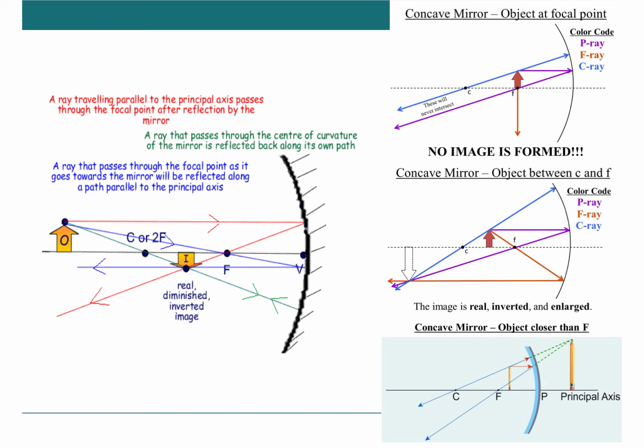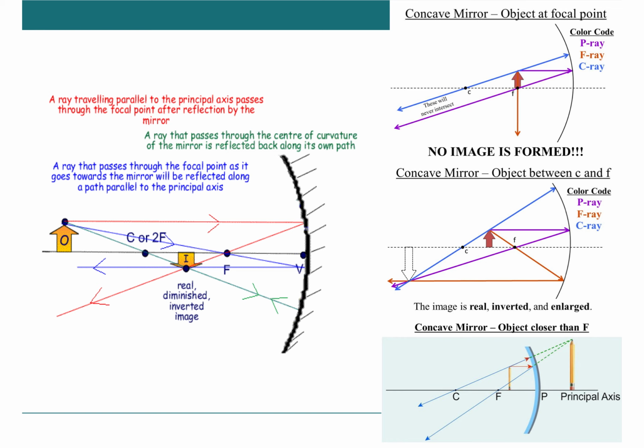An F-ray passes through the focal point and is depicted here in blue for our mirror. As an F-ray is reflected from the mirror's surface, it will bounce back and travel parallel to the optical axis right through that mirror's center.